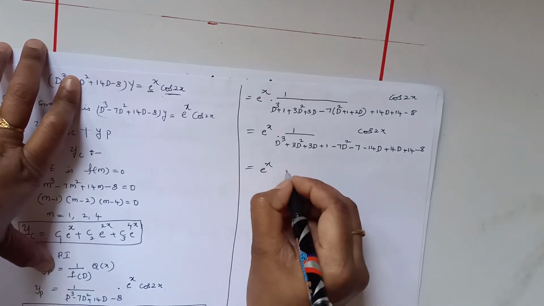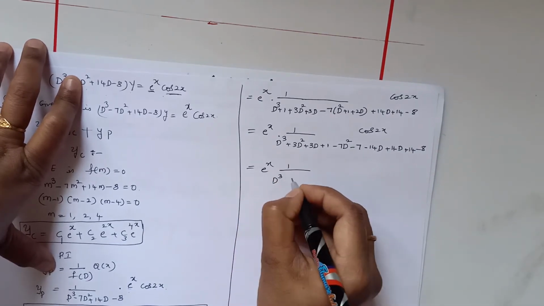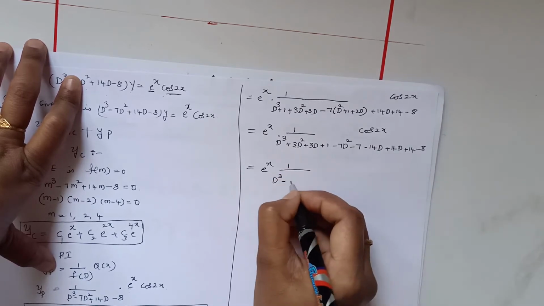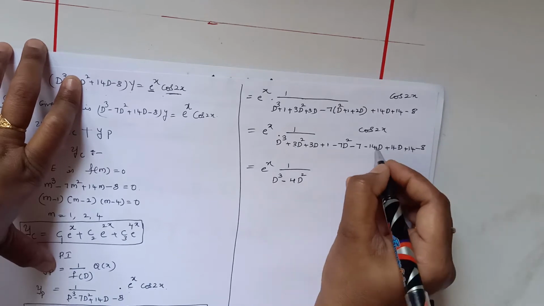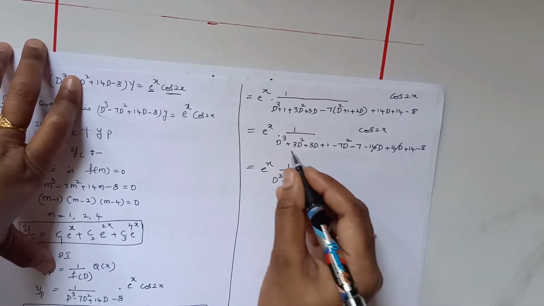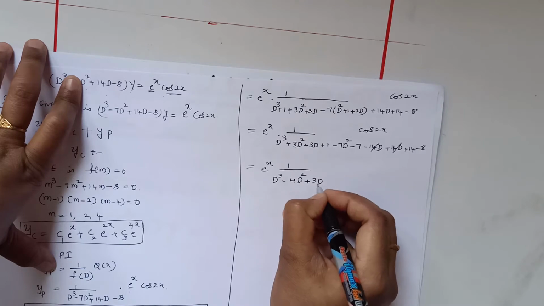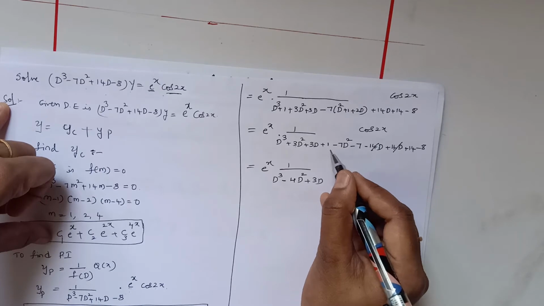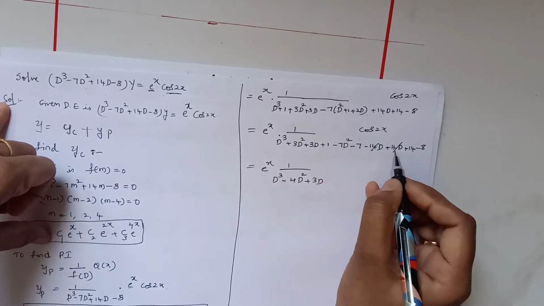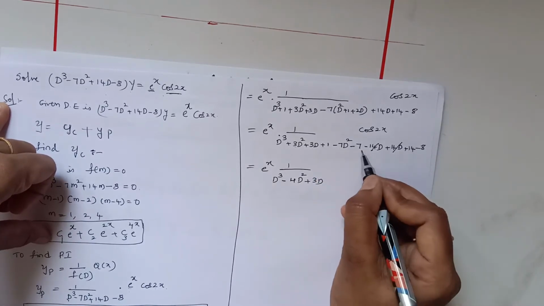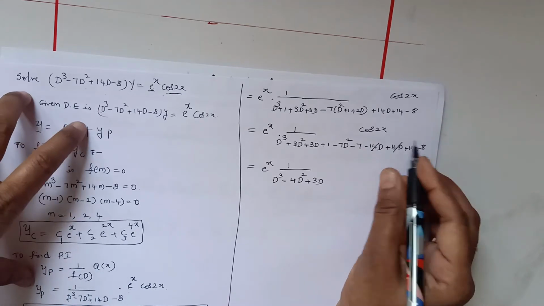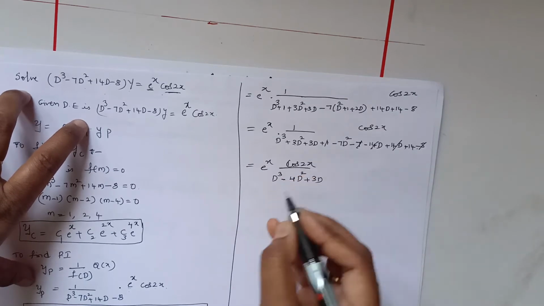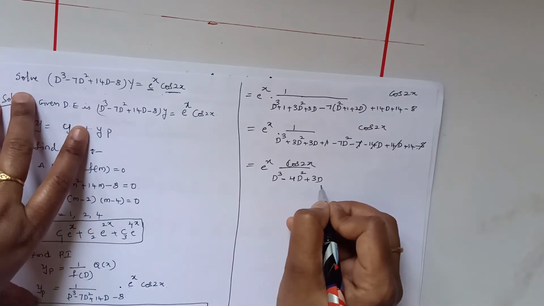On simplifying this we get D cube minus 4D square plus 3D. Plus 1 plus 14 is 15, minus 7 minus 8 is minus 15. These terms will get cancelled. We get only D cube minus 4D square plus 3D.